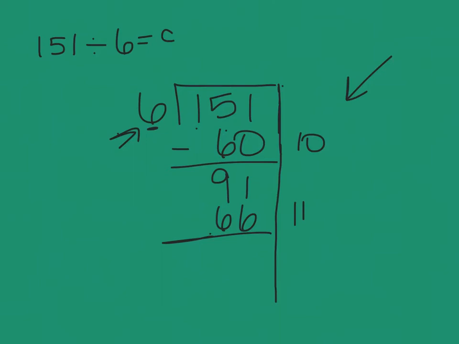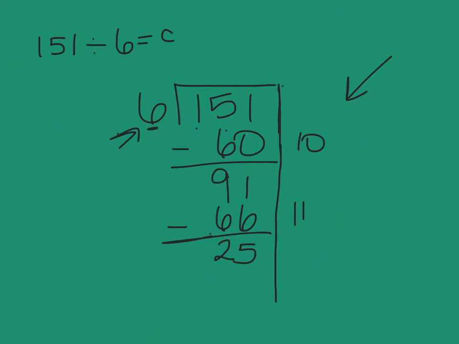So now I've got 91. I have to figure out the rest of this. Take away 66. 91 take away 66 puts me at 25. Now, I know my math facts pretty well, and I'm not sure 6 goes into 25 very well, right? 6 times 5 is 30, so it's got to be less than that.